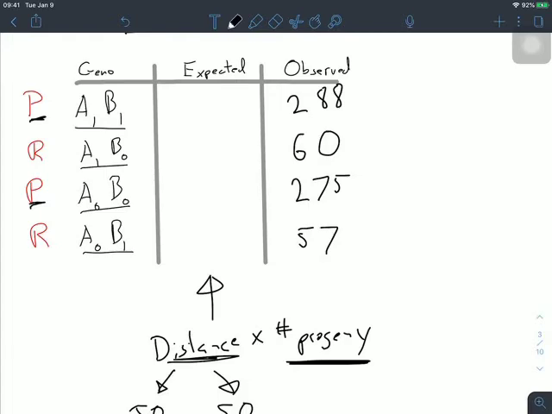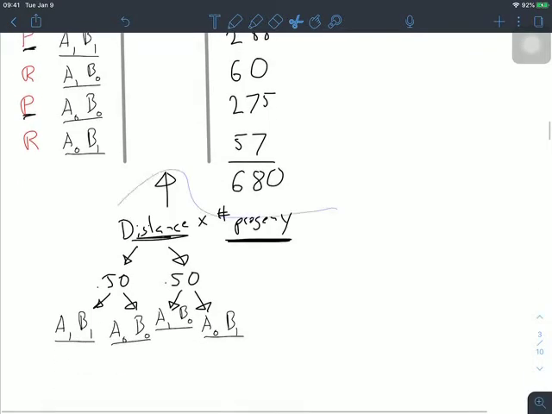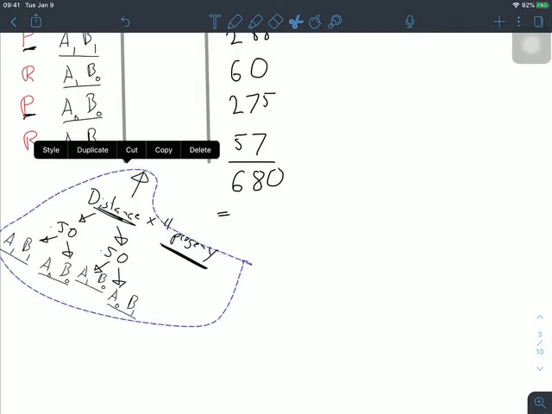First, we want to get the total number of progeny. So we add 288 plus 60 plus 275 plus 57. Again, you'll have a calculator. This adds up to 680 progeny.